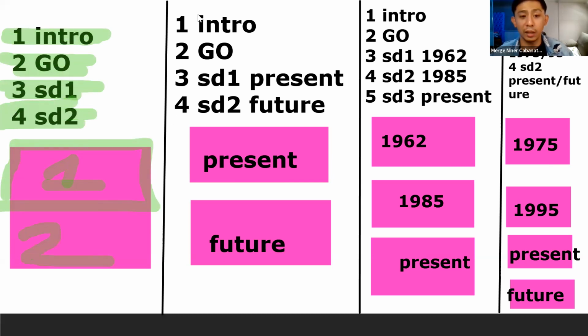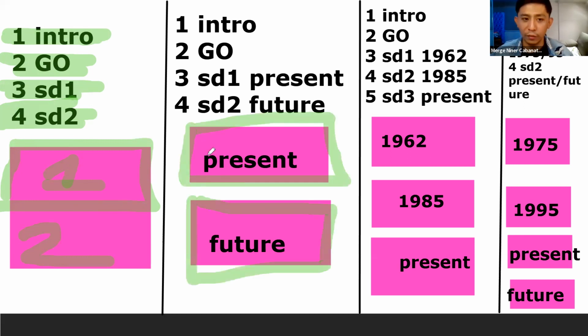For this particular scenario, it's very easy. I saw 2 maps, present and future. So definitely, I have the introductory paragraph, the general overview. I will devote a paragraph entirely for the present and a paragraph entirely for the future.